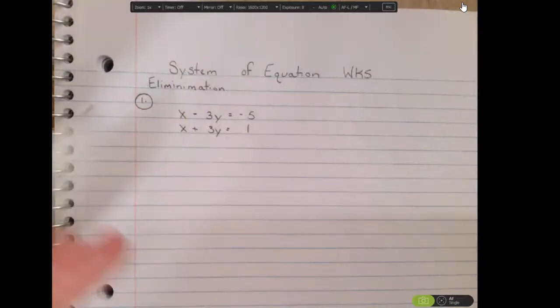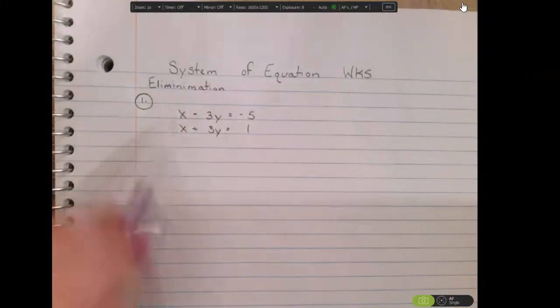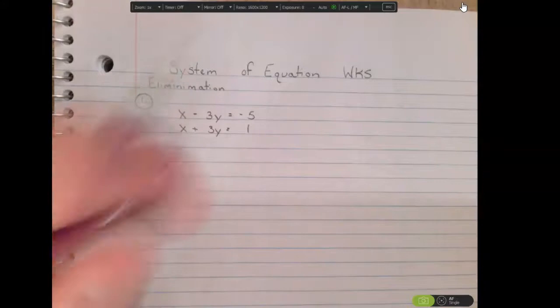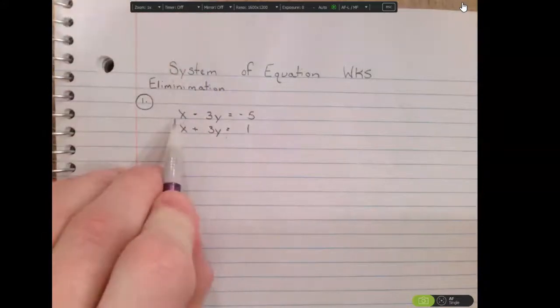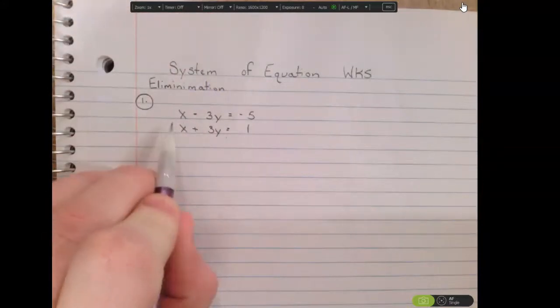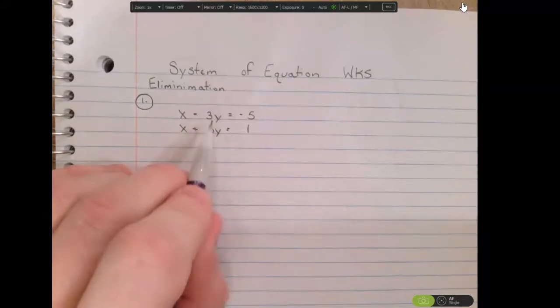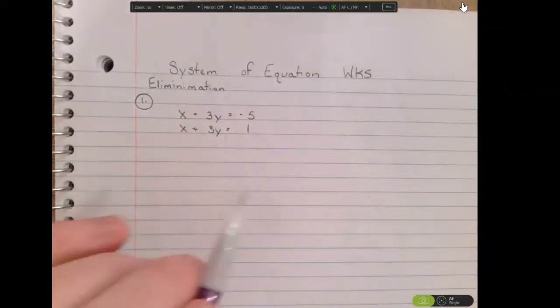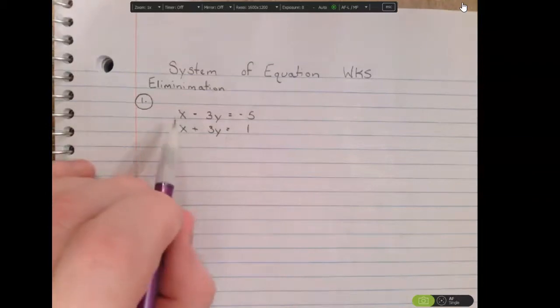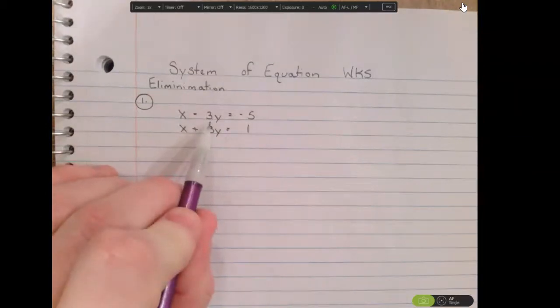And the neat thing about number one, guys, is both of them are the same. There's a 1 in front of both of my x's, and there's a 3 in front of both of my y's. So it really doesn't matter if you choose to eliminate your x or your y.